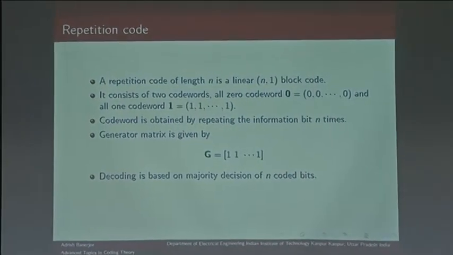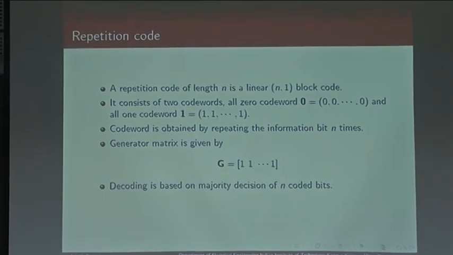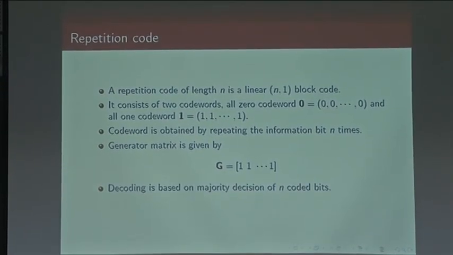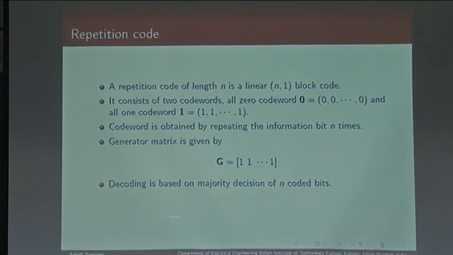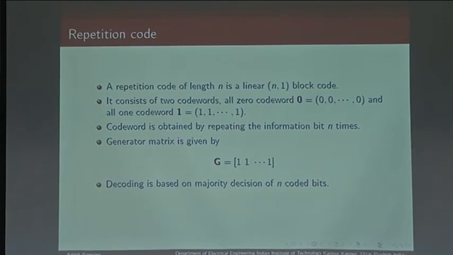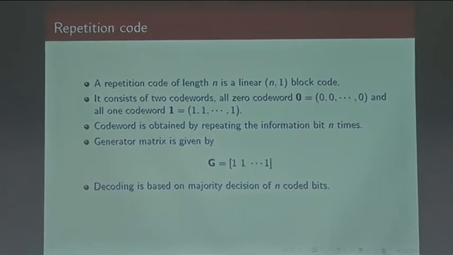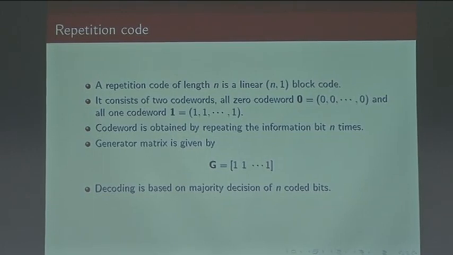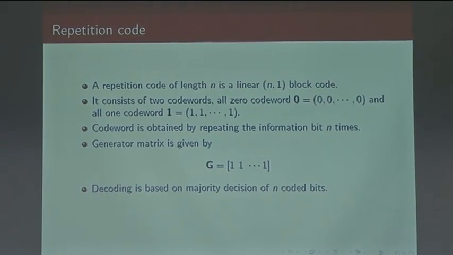Now you know how to generate code words using a repetition code. Now, how do you decode them? Majority logic decision. What do you mean by majority logic decision? You look at what the majority of the bits are saying. If they are saying 0, you decide in favor of 0.